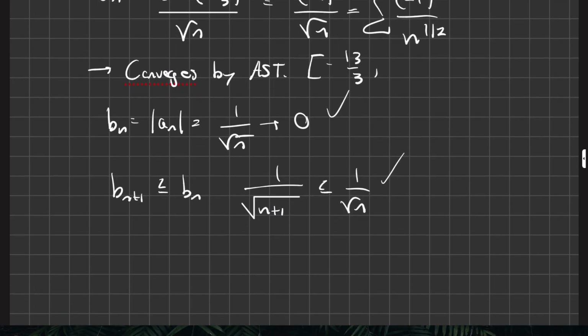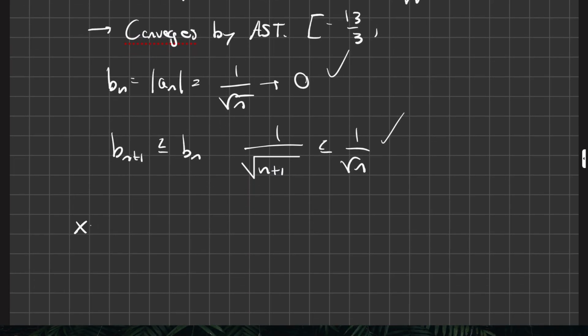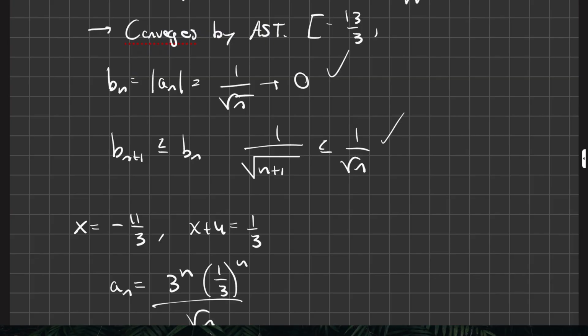Okay, now let's check the other endpoint. x equals negative 11 over 3. So we have x plus 4 equals 1/3. And a sub n is going to be 3 to the n times 1/3 to the n over root n, which is just 1 over root n.